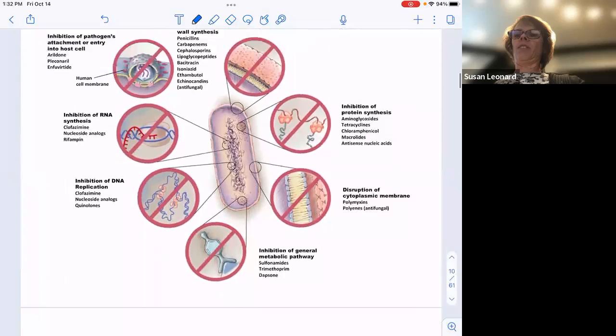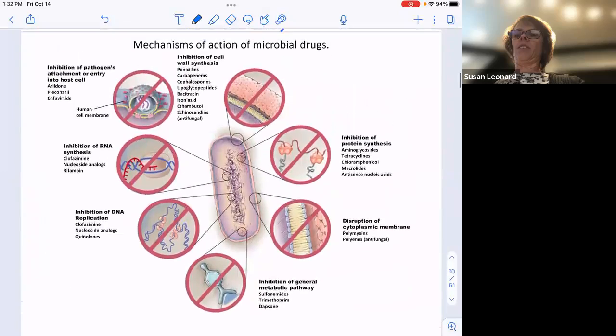Okay, so I meant to show this before, when I was talking about selective toxicity. Here are some examples of targets that microbes have so that drugs are selectively toxic. Cell wall inhibitors. Don't worry about the drugs listed here; we're going to talk about some of them, but not all.